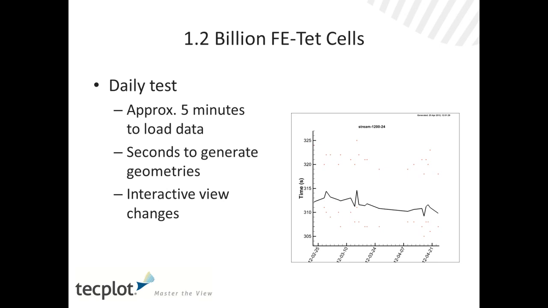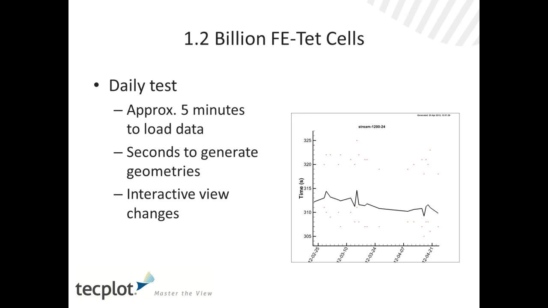And so this 1.2 billion cell case, it's tetrahedrals, and at this point it takes about 5 minutes to load the data, and it really only takes seconds to generate an isosurface, for instance, or a stream trace. And the view changing on this particular computer, I should mention, this is a reasonably powerful computer. It's pretty powerful actually. It has 96 gigabytes and 8 cores.